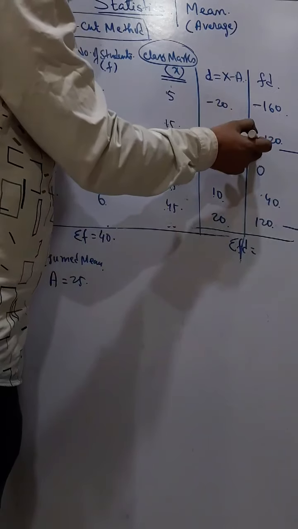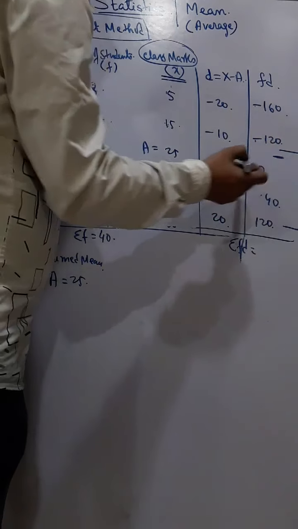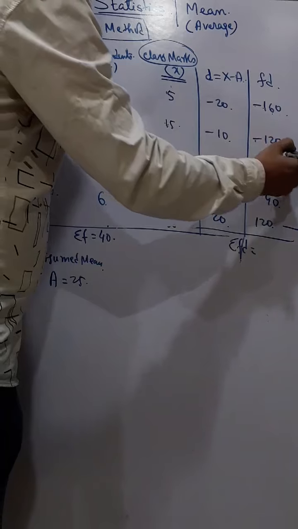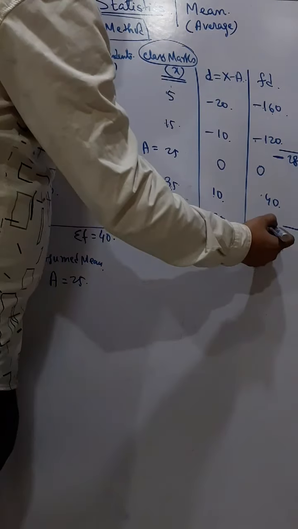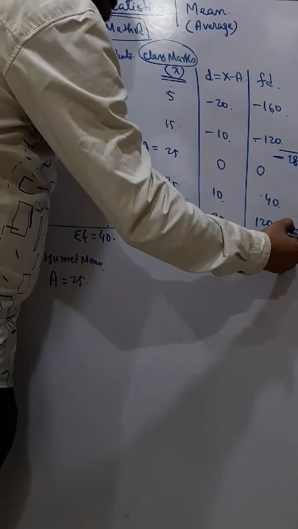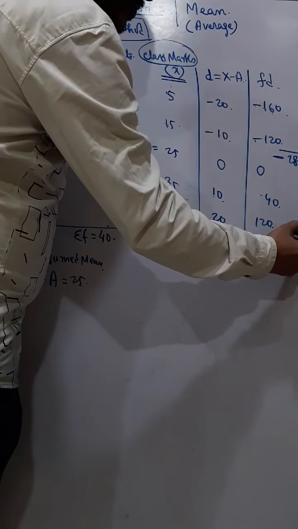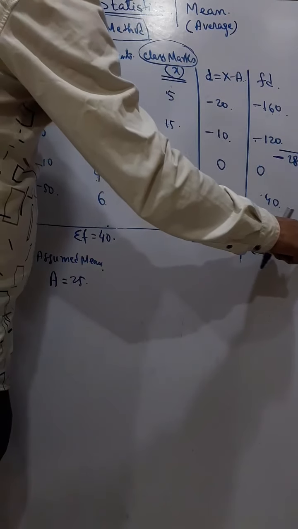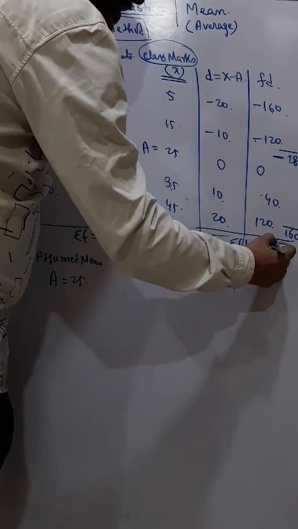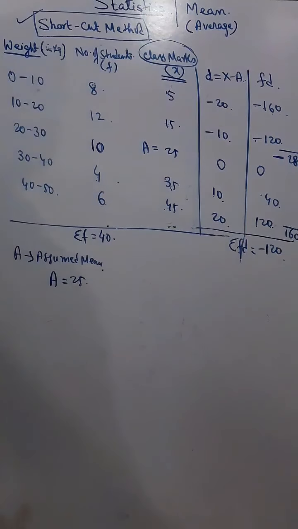So negative sign: you get minus 160 and minus 120, that is minus 280, and then positive: 40 and 120, plus 160. Then minus 280 and plus 160, you get minus 120. So your sigma fd is minus 120.